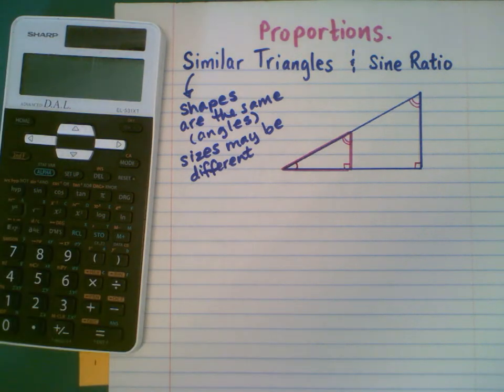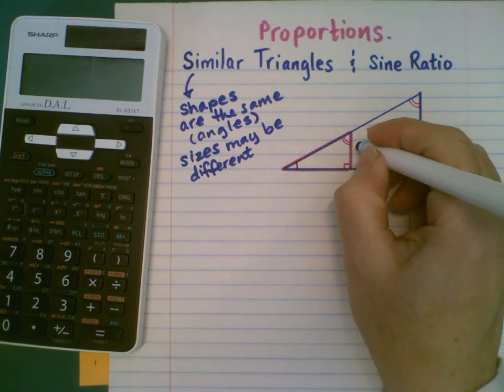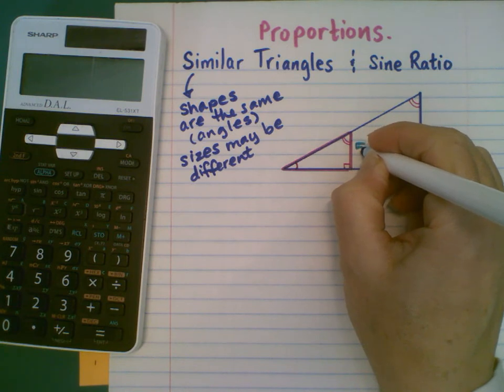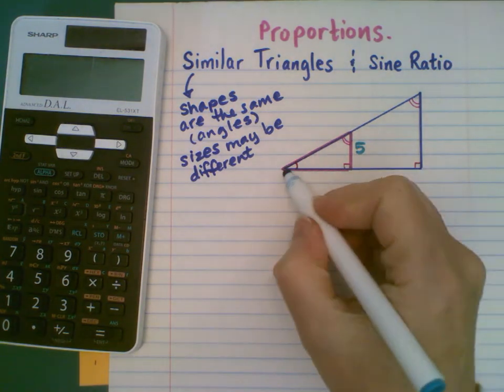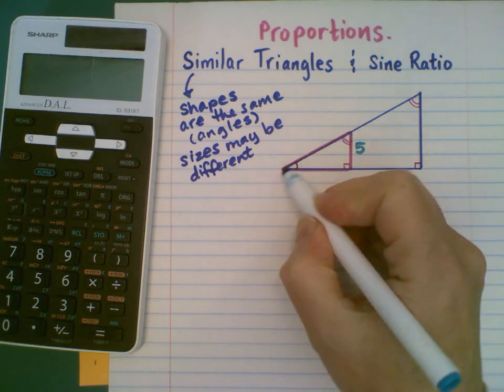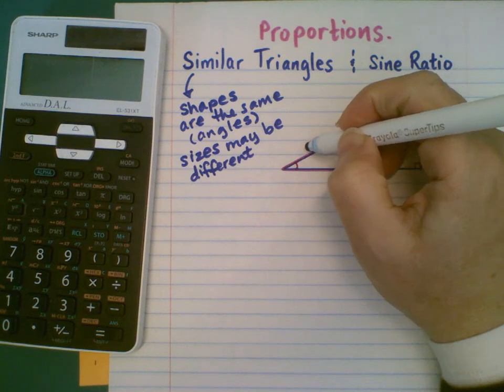I'm going to provide a little bit more information in order to help with the demonstration. So for the smaller of the two, I'm going to say that this height is equal to 5 centimeters, and the hypotenuse, or the side that's opposite this 90-degree angle, is 10.